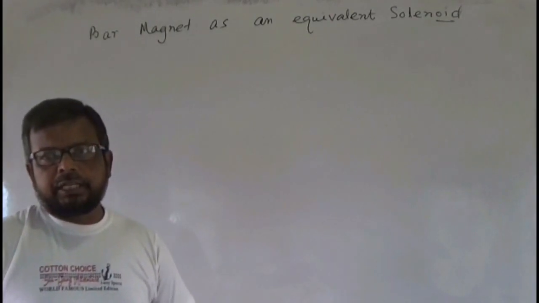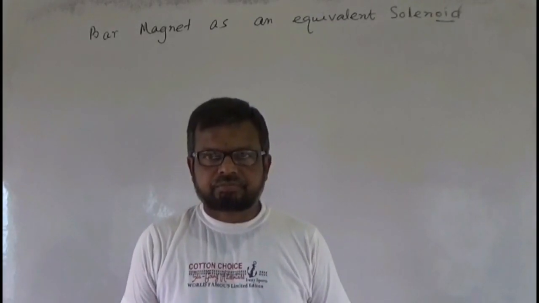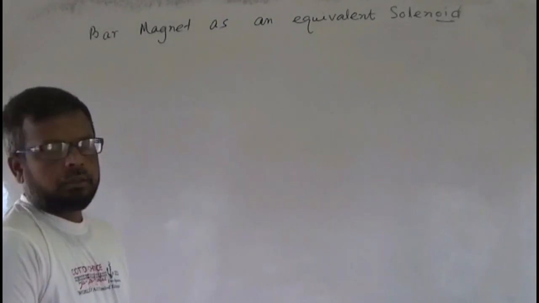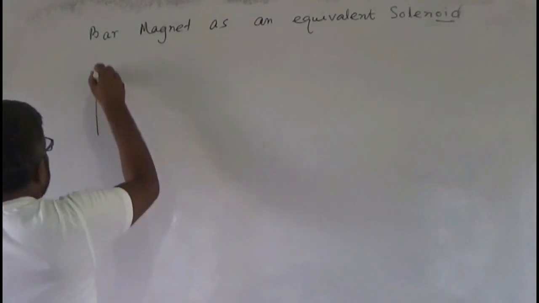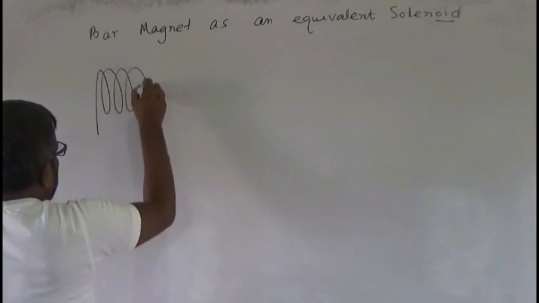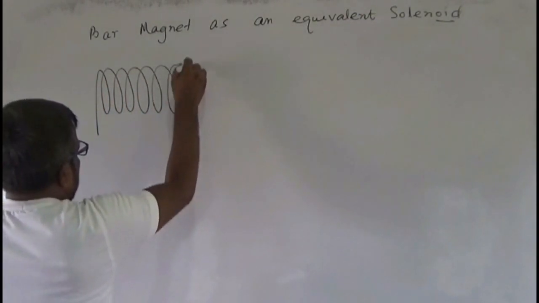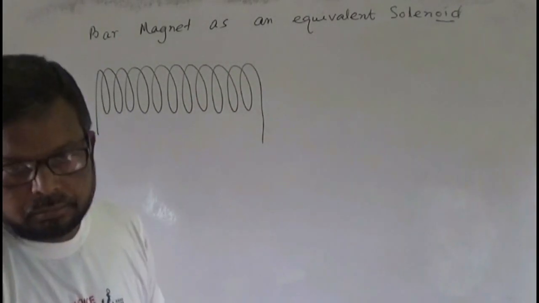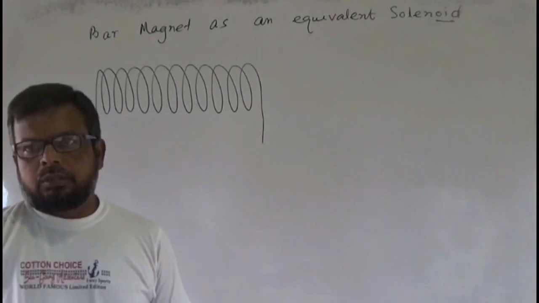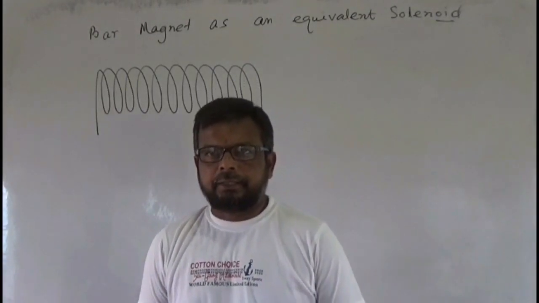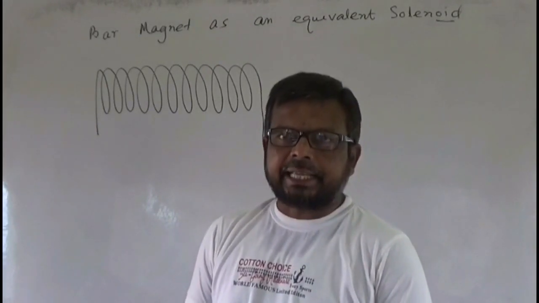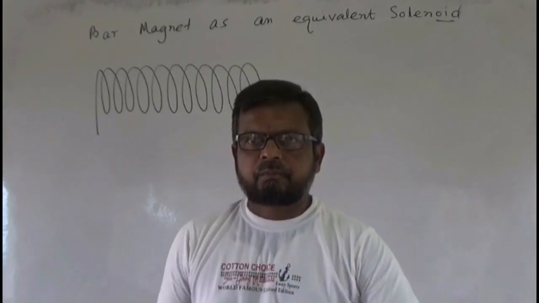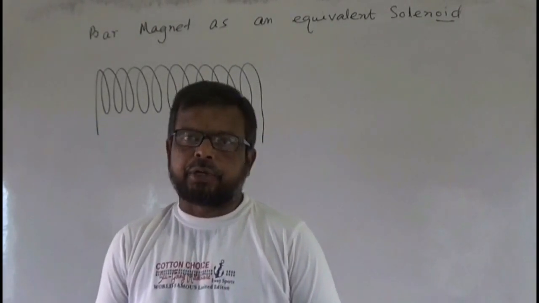Now let us consider a long solenoid of radius a and length 2l, having n number of turns per unit length.